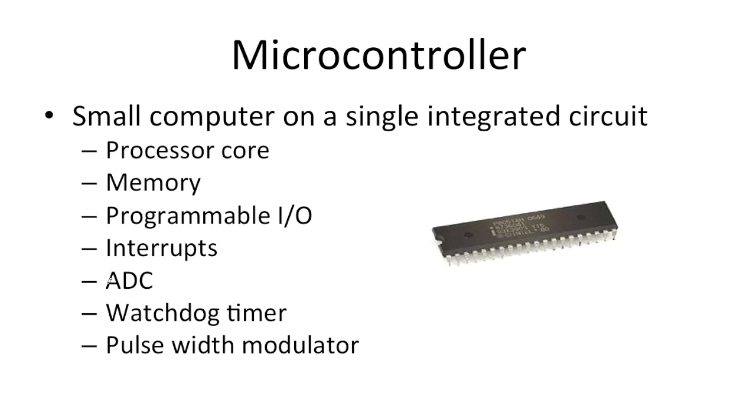There is a built-in analog to digital converter within the chip. So this allows you to convert analog signals from the outside world into a digital form before getting processed.